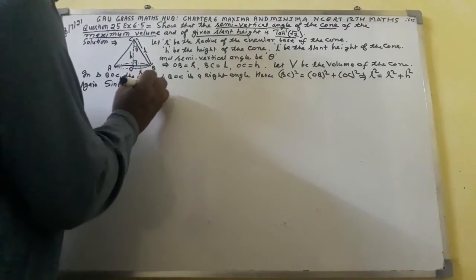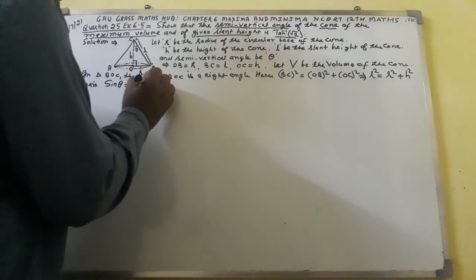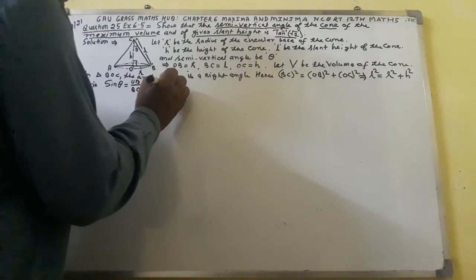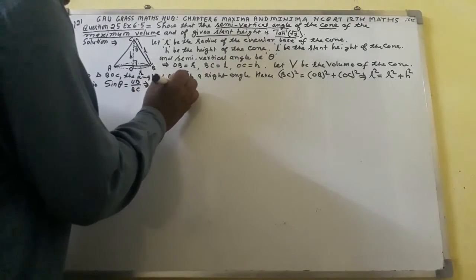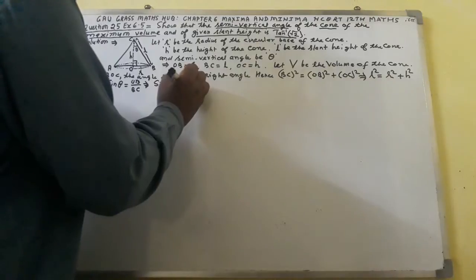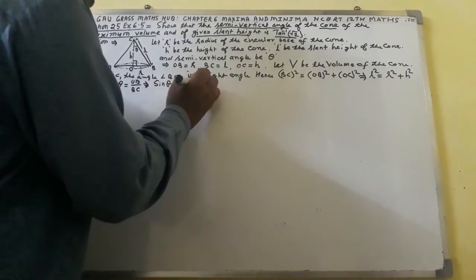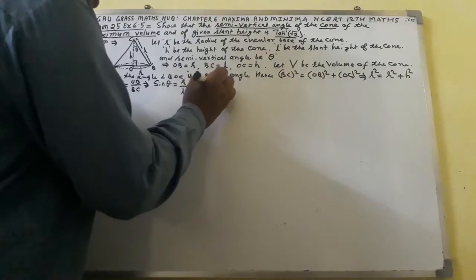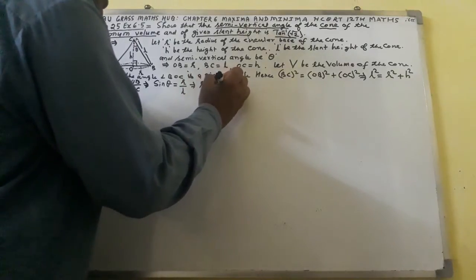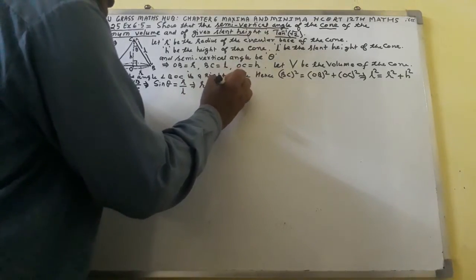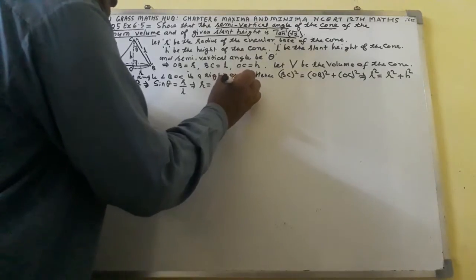The perpendicular is OB, the hypotenuse is BC. This implies sin theta is equal to OB over BC, which is R over L. This implies R is equal to L dot sin theta.